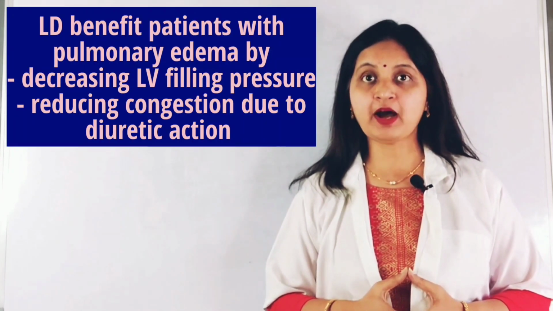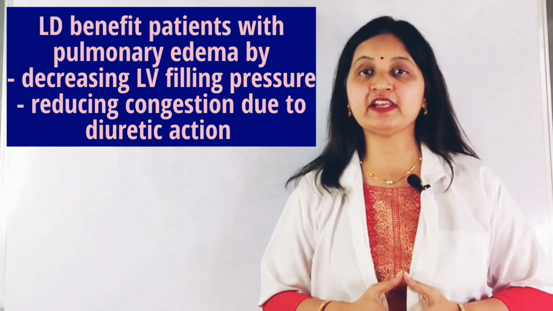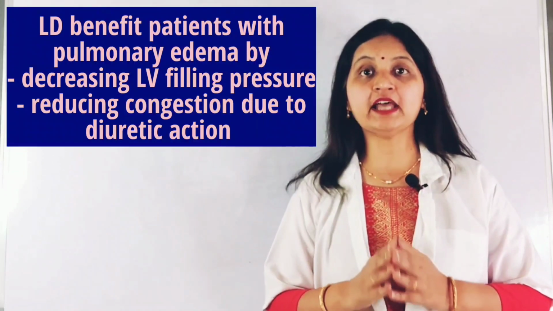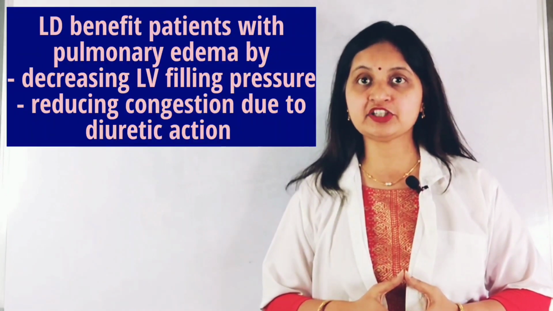The symptoms of pulmonary edema are reduced due to the decrease in the left ventricular filling pressure even before the starting of diuresis. Thus, loop diuretics benefit patients with pulmonary edema by decreasing the left ventricular filling pressure and by causing diuresis and decreasing the congestion in the lungs and periphery.